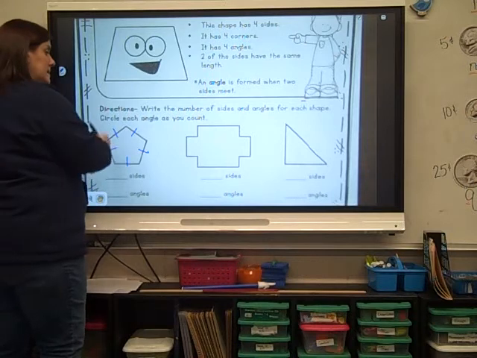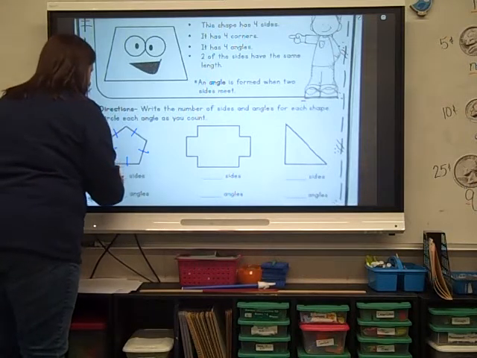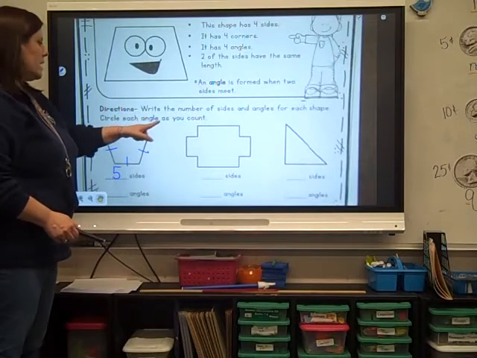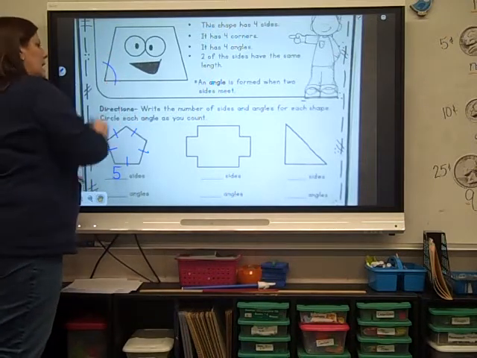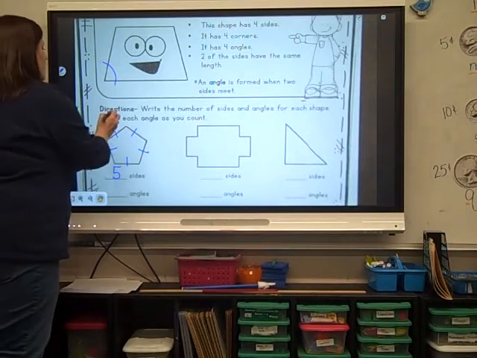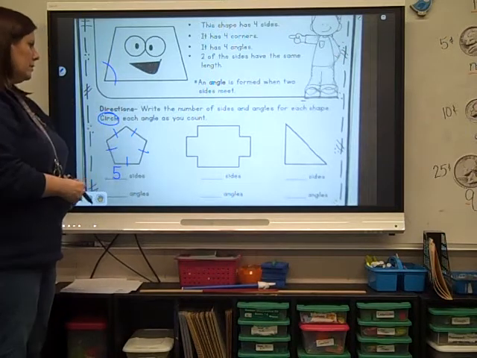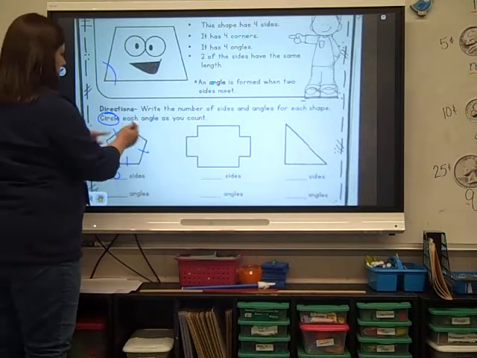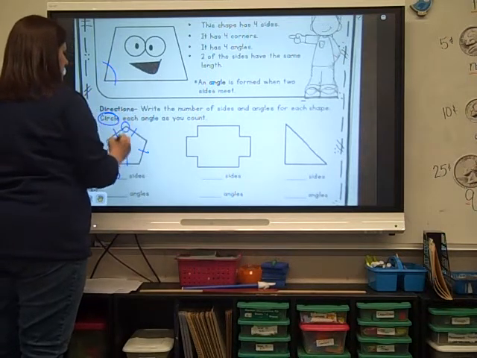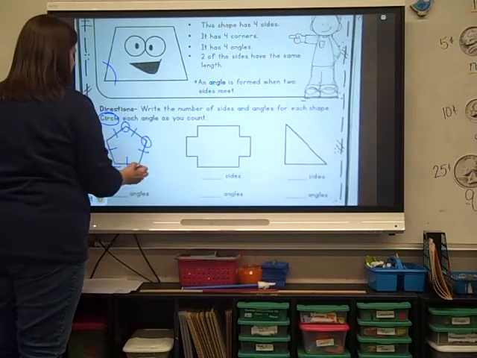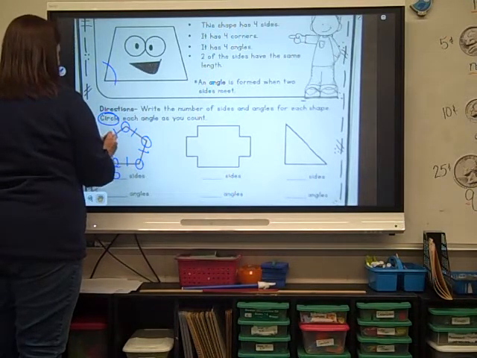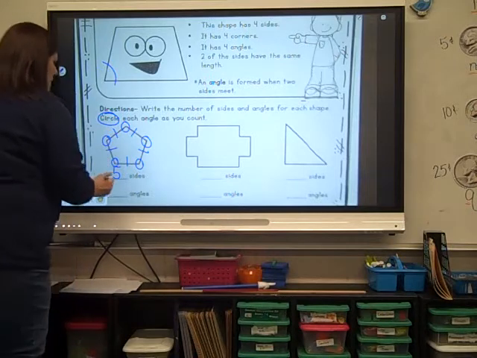So how many sides does that have? It has 5. And then it says circle each angle. Now I showed you that's how you usually mark an angle. Well, it wants us to circle the angles. So the angle is where the two sides come together. See where these two sides come together? There's one angle. There's 2. There's 3. There's 4. There's 5.